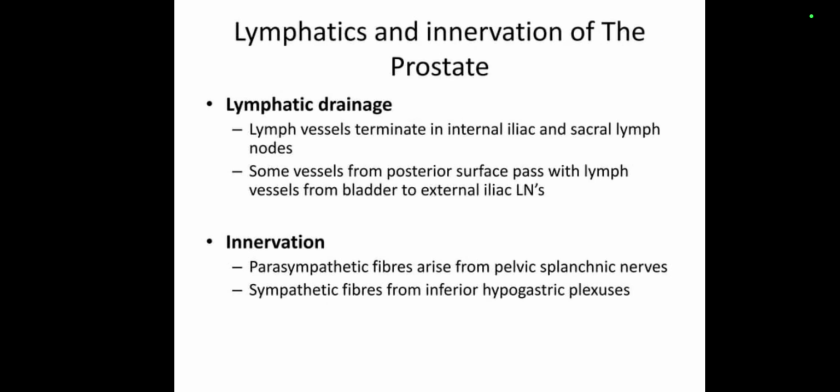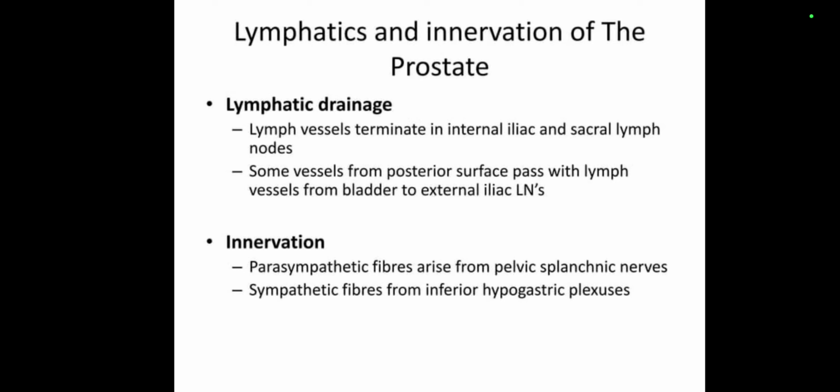So next, we have lymphatic drainage and innervation of the prostate. Number one, what is the lymphatic drainage pertaining to the prostate? The lymph vessels terminate in the internal iliac and sacral lymph nodes. So meaning to say, after the venous drainage, it will follow now to the lymphatic drainage. How does the prostate drain?